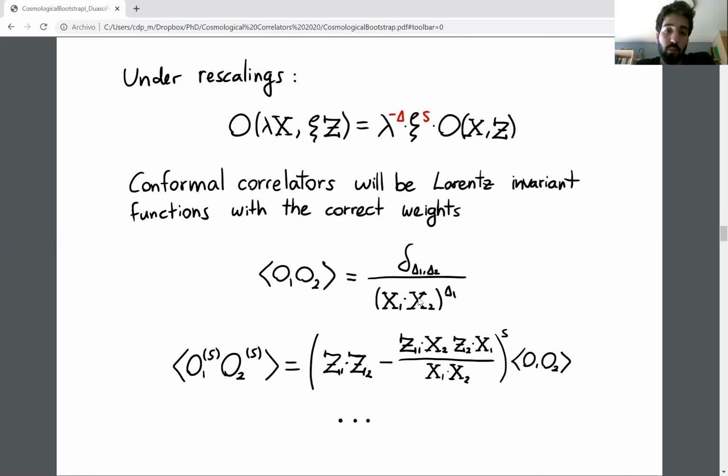So knowing this, we see that we can only write things if the two conformal dimensions are the same. So the correlator will be 0 unless the two conformal dimensions are the same. And the only thing you can actually write that scales in a proper way is this function here.